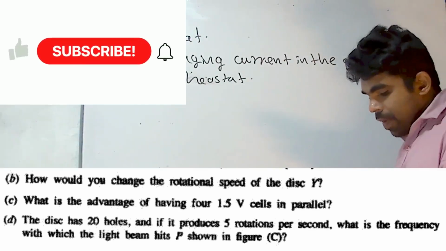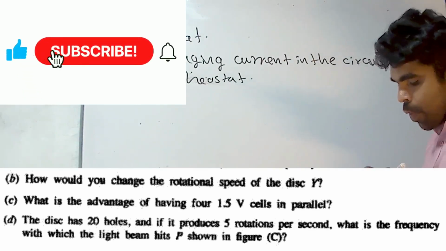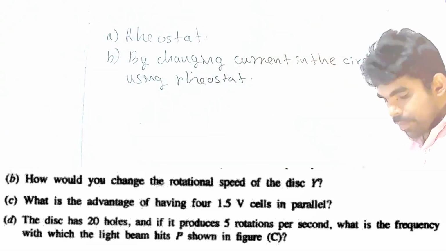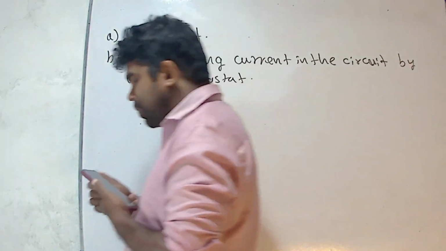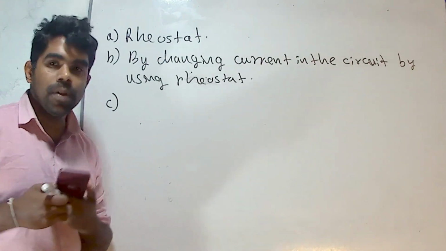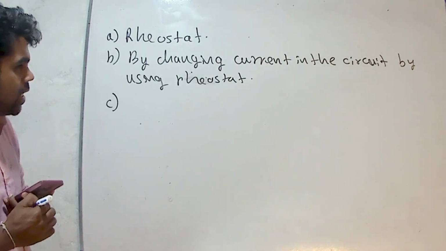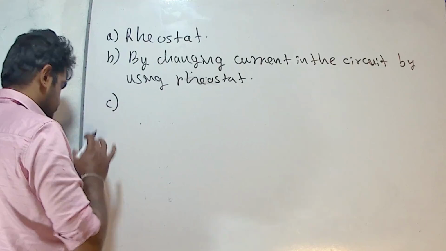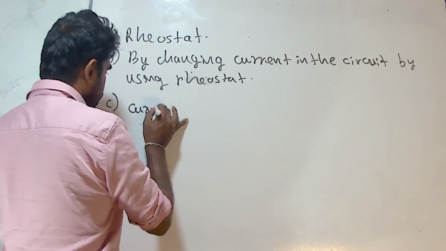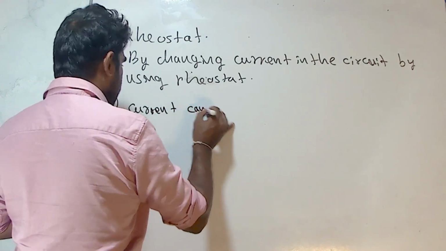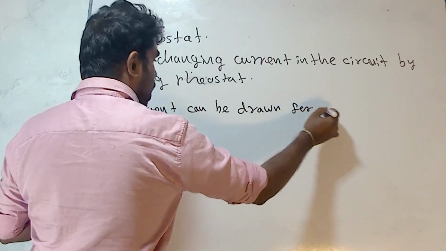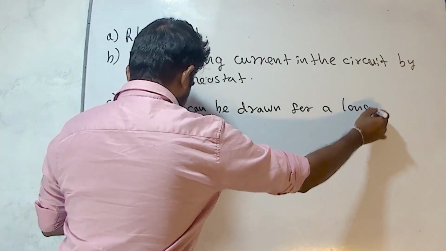In part C, what is the advantage of having four 1.5 volt cells in parallel? You know that we can generate a current for a long time by using parallel cells. Then we can write, current can be drawn for a longer time.